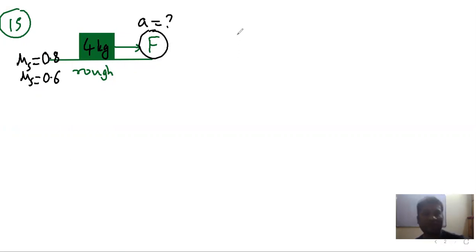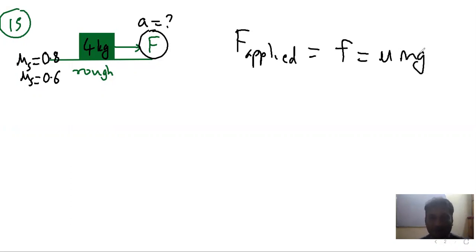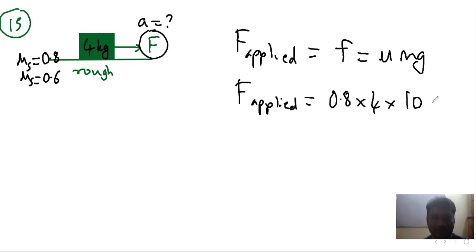So let us first see how much is the value to just start the block. In that case, force applied should be equal to friction force, which is mu into N, which is mu into mg. So in that case, the force required to just move the block is mu s, which is 0.8, into mass 4 into g which is 10, let us say.